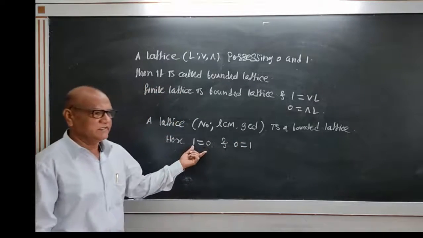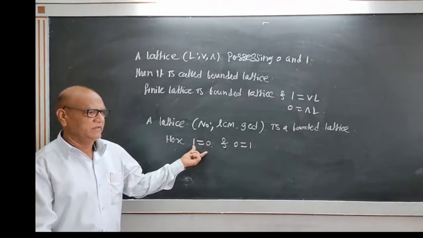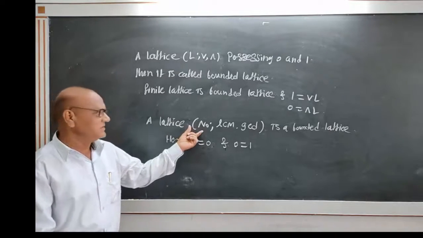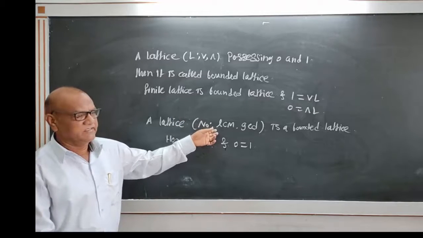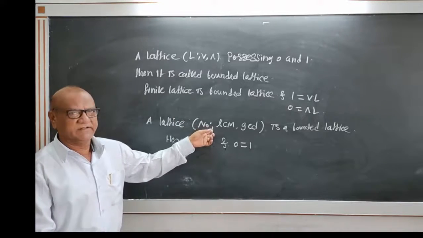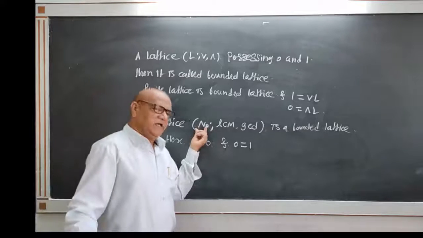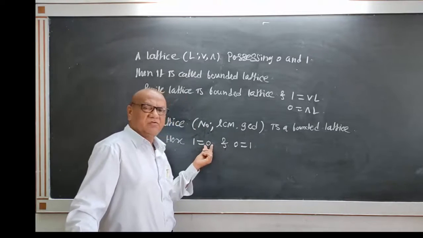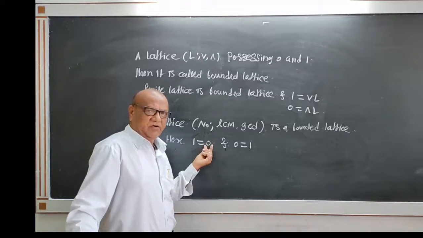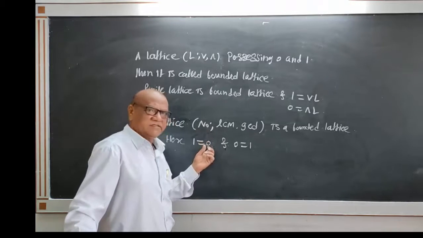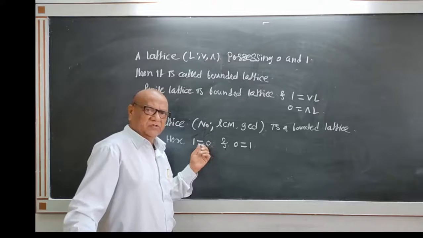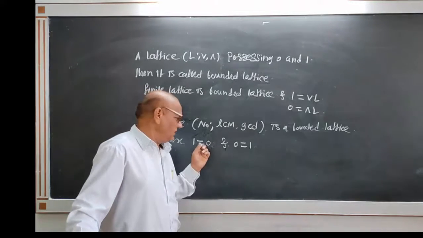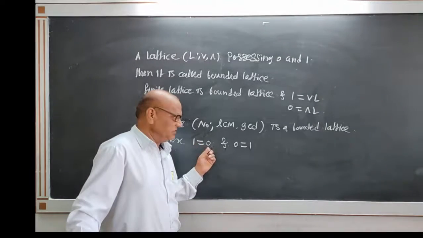In this case, the 1 element means the 0 element, because here the relation is division and every element of N0 divides 0. So here top is 0, and so 1 is equal to 0.